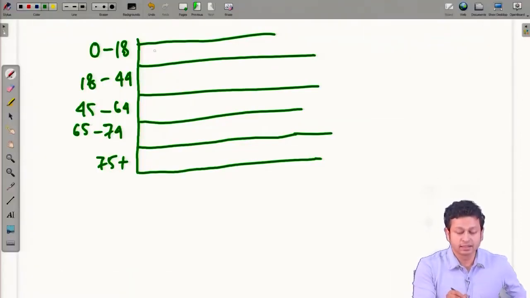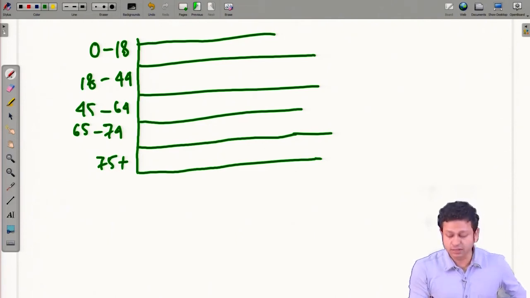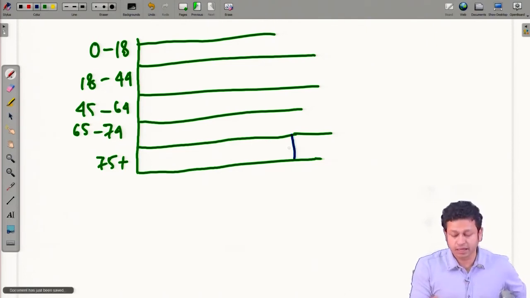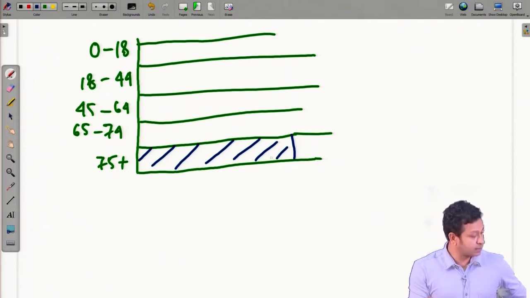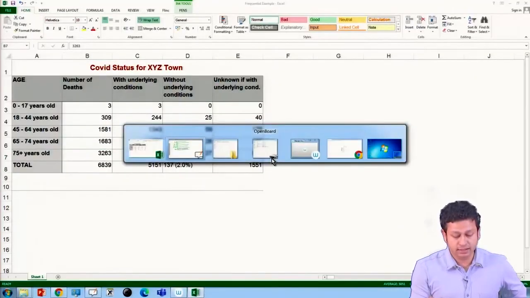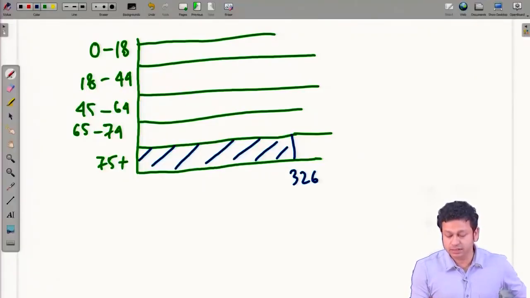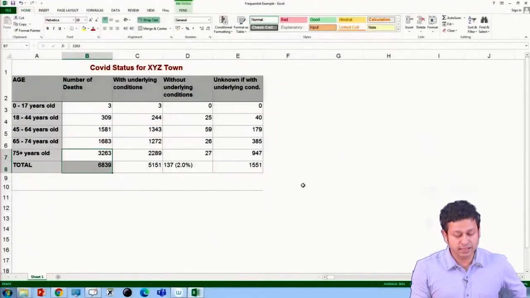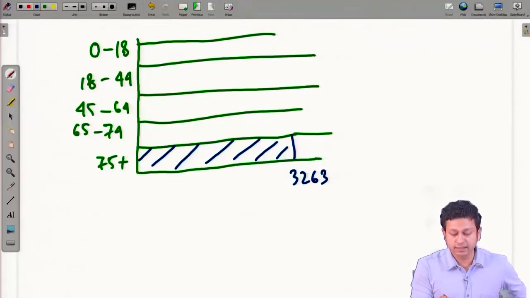So, let us say 0 to 18 I have, okay, let us first draw this one. So, this is the total number of people who died in this age group. This is the total number of people who died, and let us say the number we have is 3263, whereas for 65 to 74 it is 1683, right.